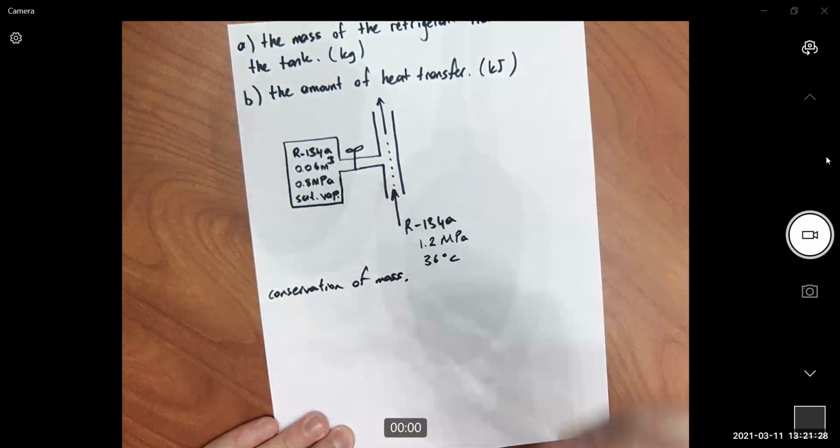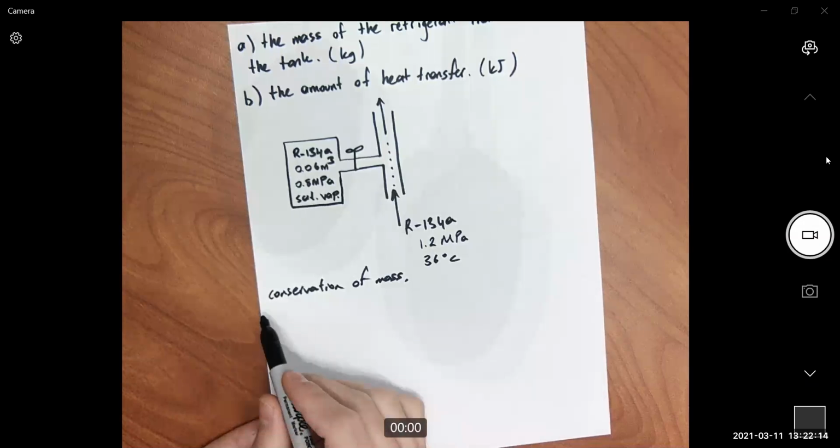You take this from 0.8 megapascal to 1.2 megapascal by adding heat and mass. Previously, we were only adding work and heat. Now we are also adding mass, which carries energy from an external source. Now we are combining two different systems together. You have an example in the assignment about it.